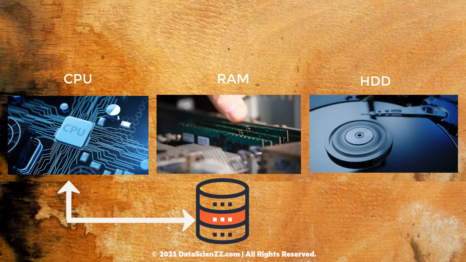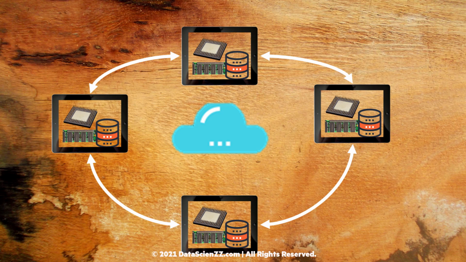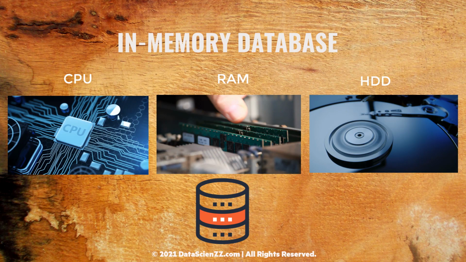Further, with a network of virtual computers, or with cloud, an in-memory database can extend the RAM capacity by connecting several RAMs together online. This can make the in-memory database even more scalable. However, RAM is volatile. Hence, there is a risk of data loss if the power goes off.